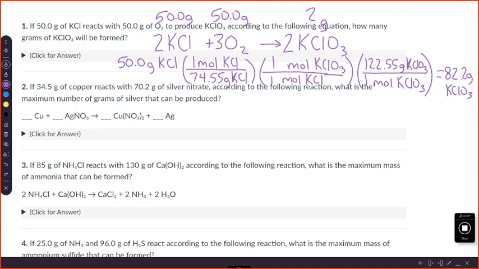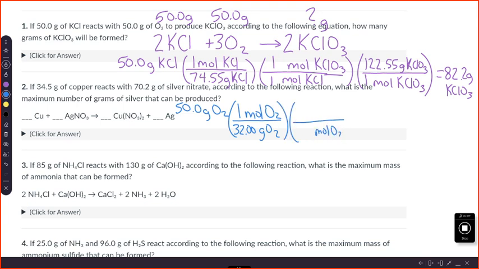I have, let's change colors, we'll go blue, 50.0 grams of O2. Getting rid of the grams of O2, going to moles of O2. 1 mole of O2 is 32 grams of O2 because it's diatomic. Putting mole of O2 on the bottom to cancel, I'm going to moles of KClO3 again.